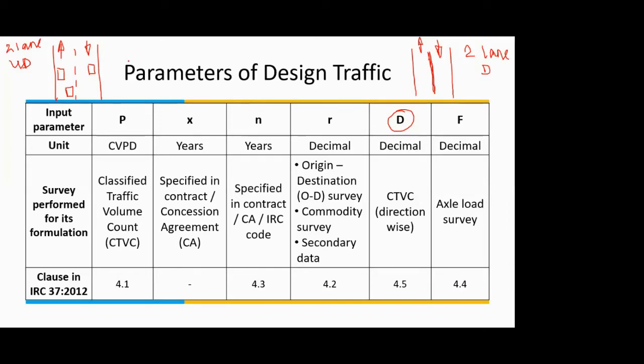Okay. So if I say that you have a single lane road, and on that single lane road you are supposed to have traffic in both directions, that traffic will be more of a channelized one. Because it's a single lane, it's just 3.5 meters, and in that also you have two-way traffic.